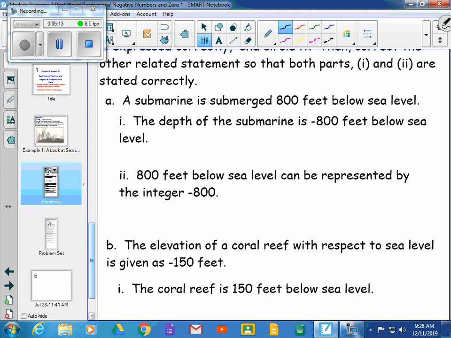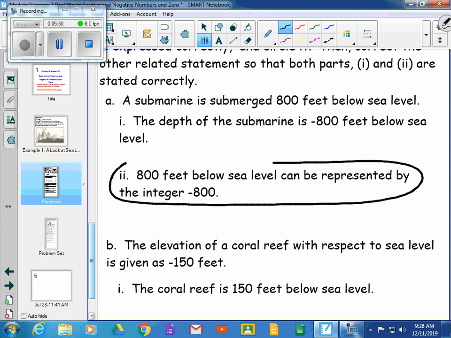The first statement says the depth of the submarine is negative 800 feet below sea level. And the second one is 800 feet below sea level can be represented by the integer negative 800. The correct statement is going to be the second one. 800 feet below sea level can be represented with a negative number.